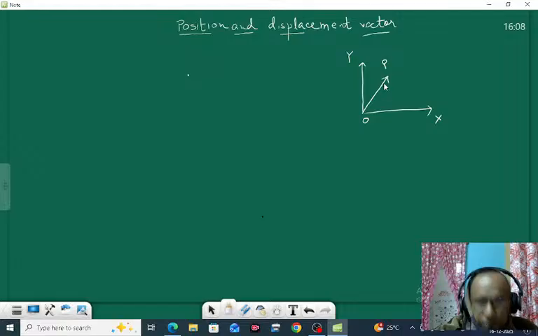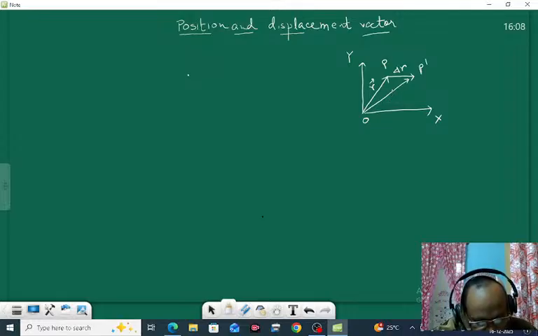And suppose this particle goes from here to here, and the new position is represented by P dash. Suppose the change is del r, or change in r. This is the r vector, and this is the resultant vector, which we call the r dash vector.